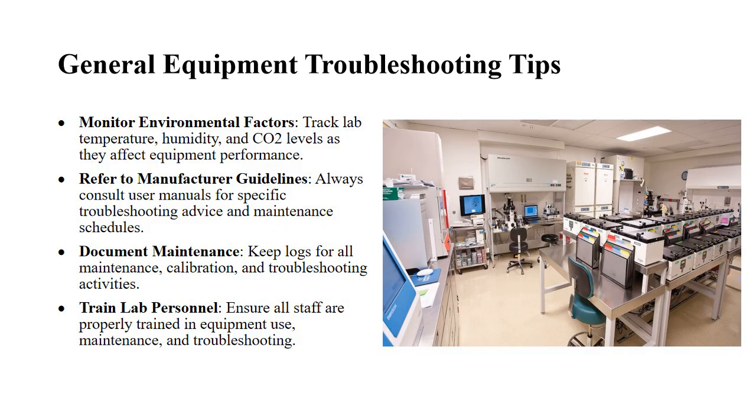Document maintenance and repairs: keep detailed logs of maintenance activities, calibrations, and any issues encountered to track equipment performance and identify recurring problems. Staff training: ensure that all laboratory personnel are trained to handle equipment properly and know how to troubleshoot common issues.